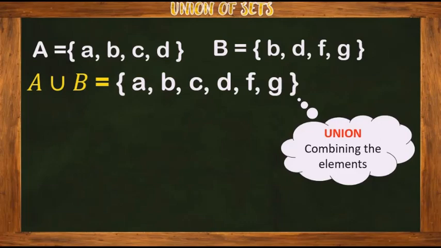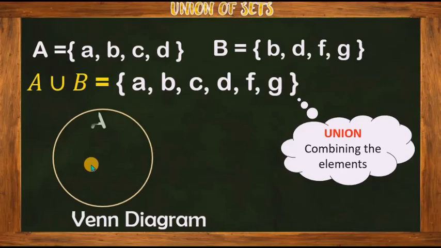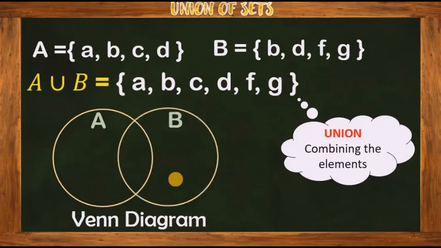Just like the intersection of sets, we can also use a Venn diagram to represent the union of sets. Since we have two sets here, we are going to use two circles, set A and set B. Now, remember that you need to look for the elements. If there are common elements, our circles should be overlapping because they have common elements.